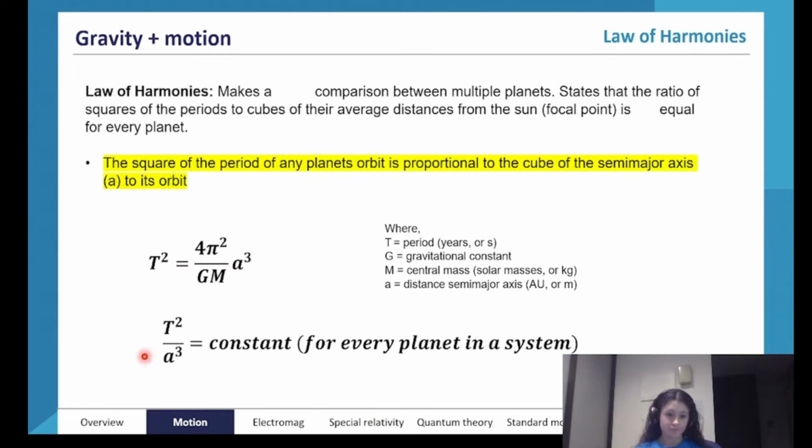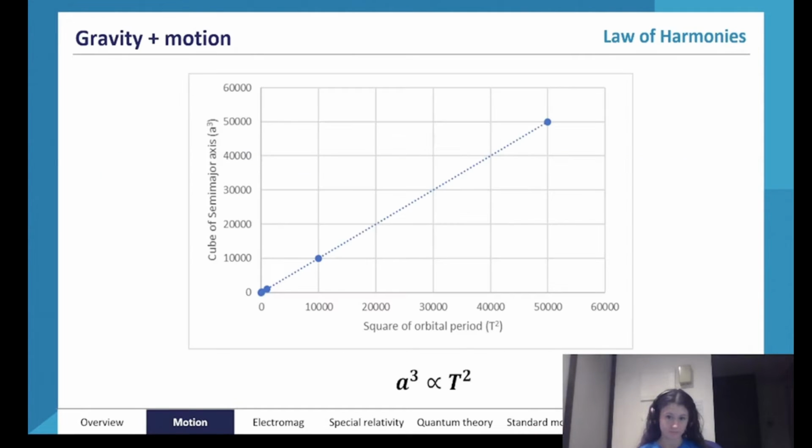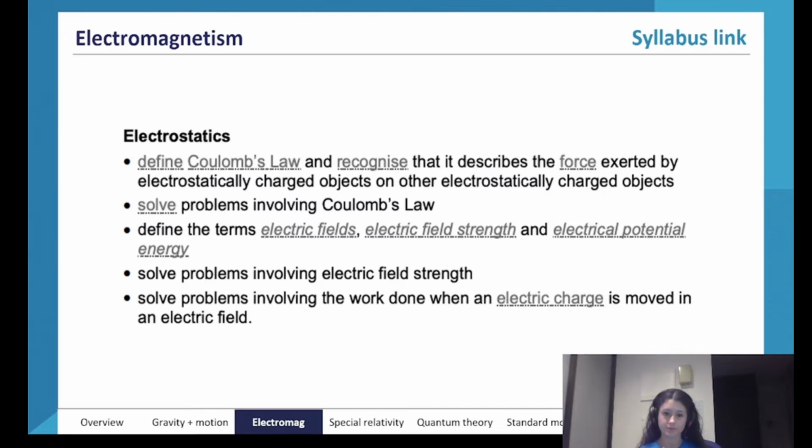So the T is the period in years or seconds. G is the gravitational constant. M is the central mass, the mass around which the satellite is orbiting. And A is going to be the semi-major axis distance, or in other words, the radius. So, we don't need to go through this.